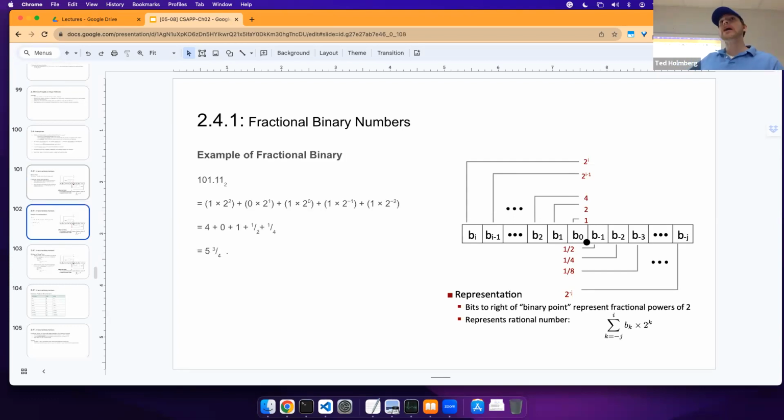Okay, so to give you an actual example so that we can cut our teeth into this, we have right here a binary value that uses this binary point: 101.11.